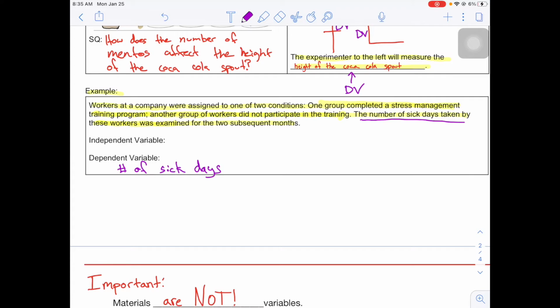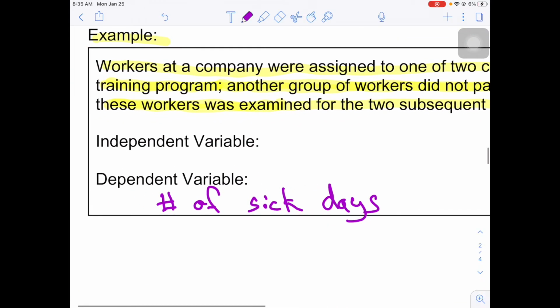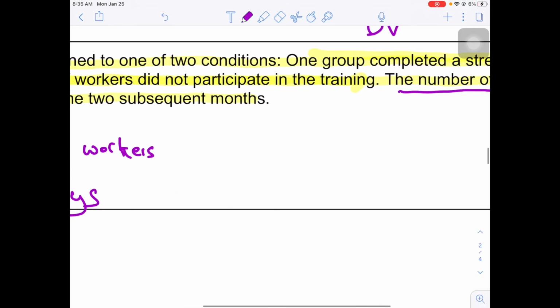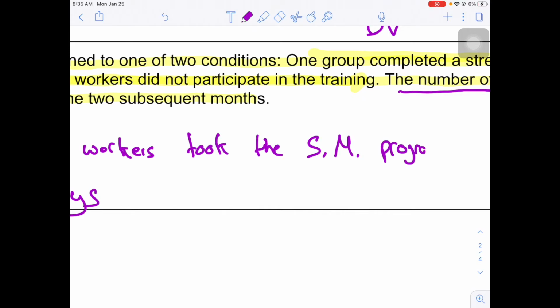So that's what the experimenter directly changed: whether or not the subjects, or the workers, took the stress management program.